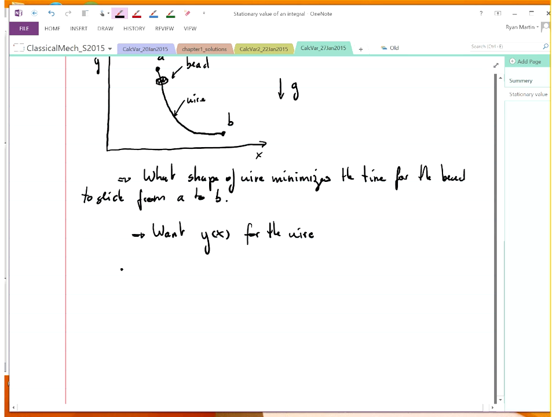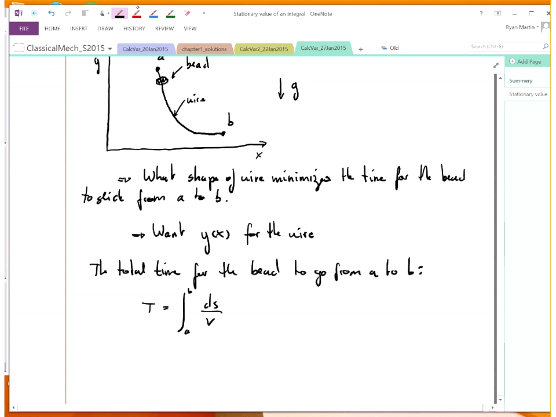So the total time for the bead to go from A to B is given by the integral from A to B of ds over v, where ds is some small element along the curve, and v is the instantaneous velocity of the bead.